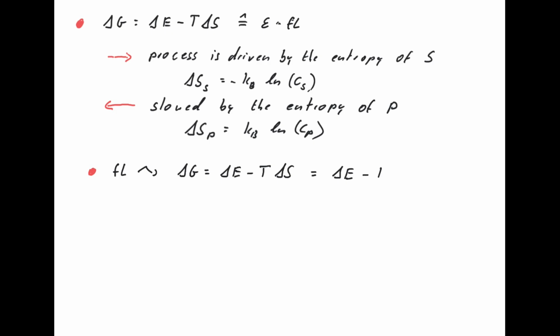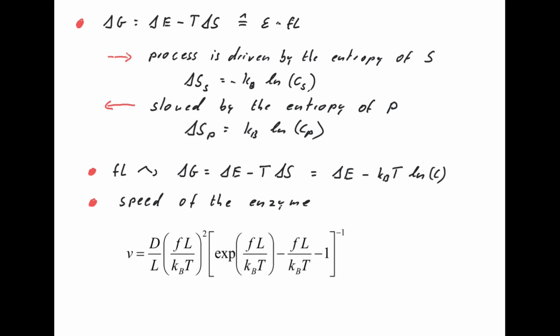Now this delta G we can identify with the F times L in the thermal ratchet real space model. Hence, using this identification, we can easily obtain the speed of the enzyme, if we just identify F times L with delta G.